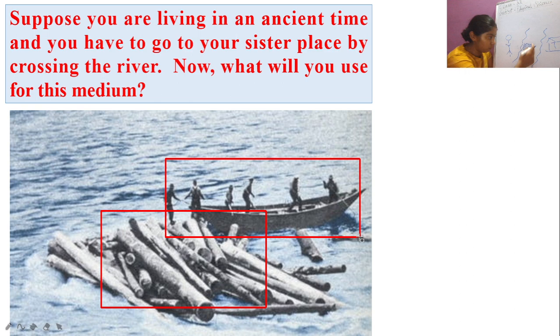So now students, one more fill in the blanks. The first means of transportation was the dash foot. Whose foot is the first means of transport? Write down your answer in the comment box.